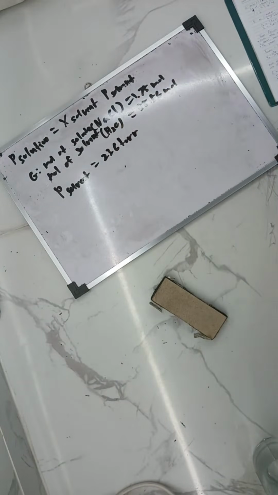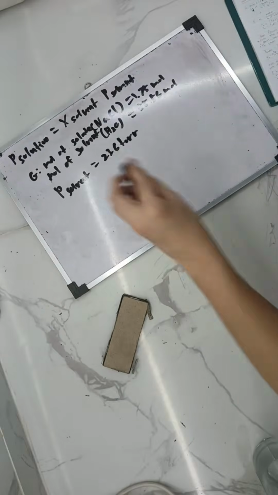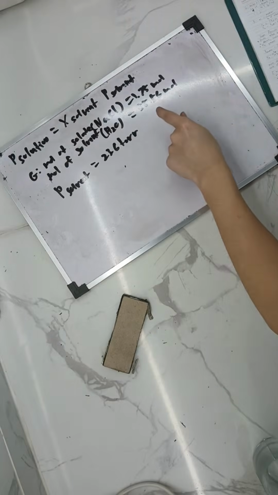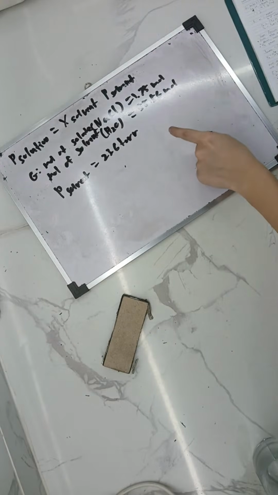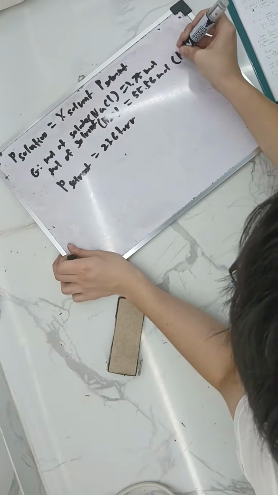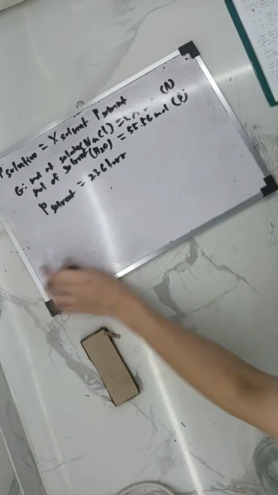Okay, so using the formula that we had, it was the mole fraction of the solvent times the vapor pressure of the solvent. So first, let's find the mole fraction of the solvent, which in this case is the 55.56 moles. So this is going to be our B, and this is going to be our A, so it's easier to understand.